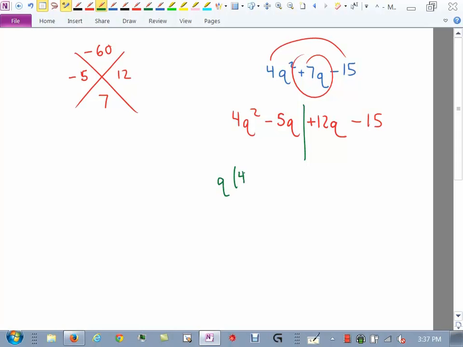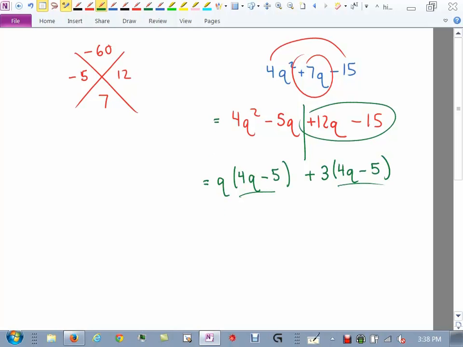That's it, right? What can come out of the second two? 3, right? 3 is a common factor in these two, which leaves you with 4q minus 5, which is kind of what you needed, right, for these two to match. At this point, we're pretty much done.